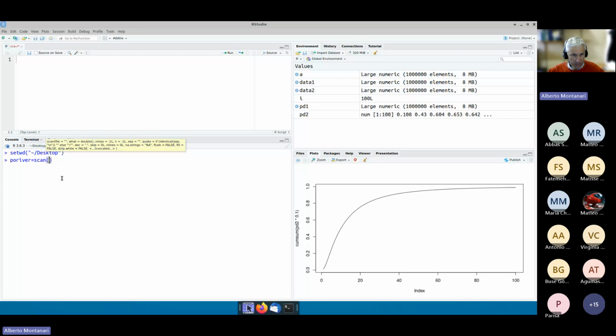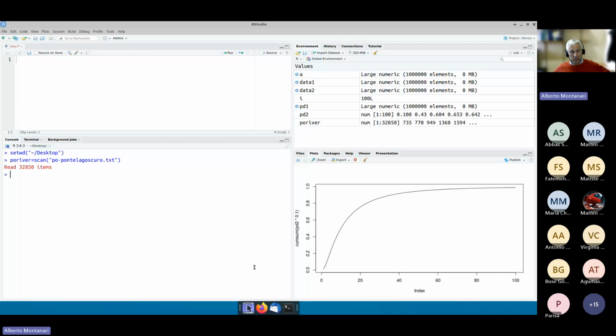Now I need to put the file name between quotes. I remember that the file name was starting with PO. So I put the first two letters, and then I press the tab, and the name of the file is completed. The file is already in the desktop directory, and therefore I don't need to set the path.